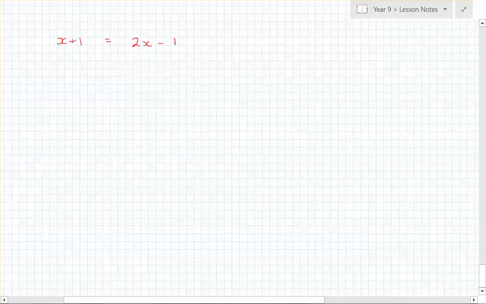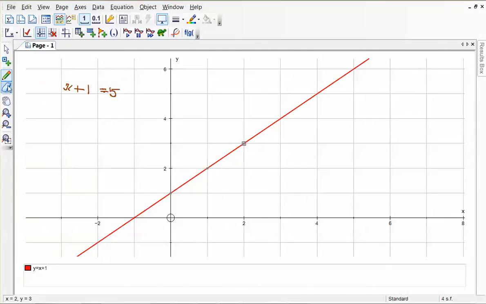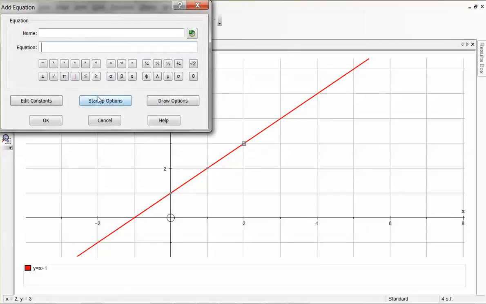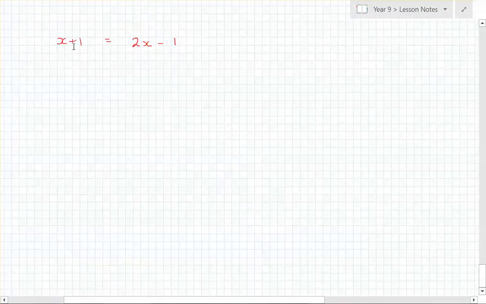We have x plus 1 equals another line. So just to show you on the graph, I'm going to do another equation. I've got y equals x plus 1.